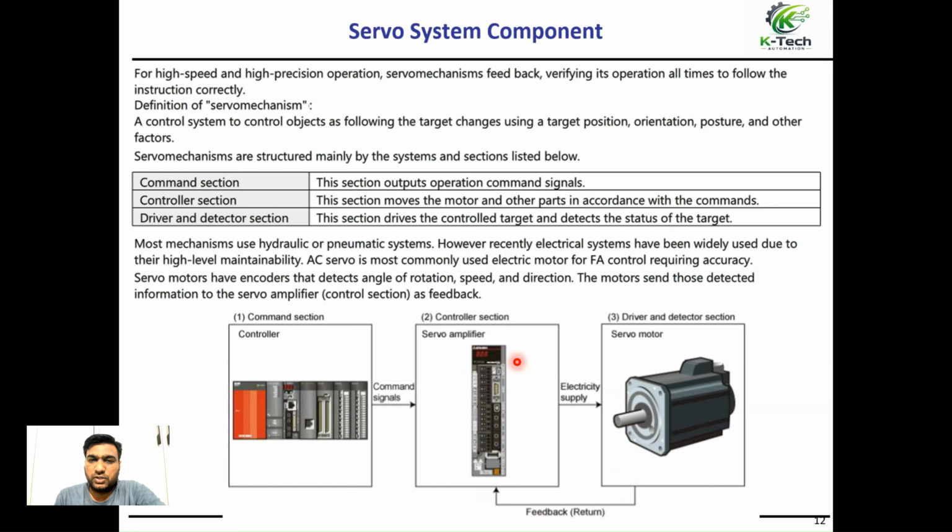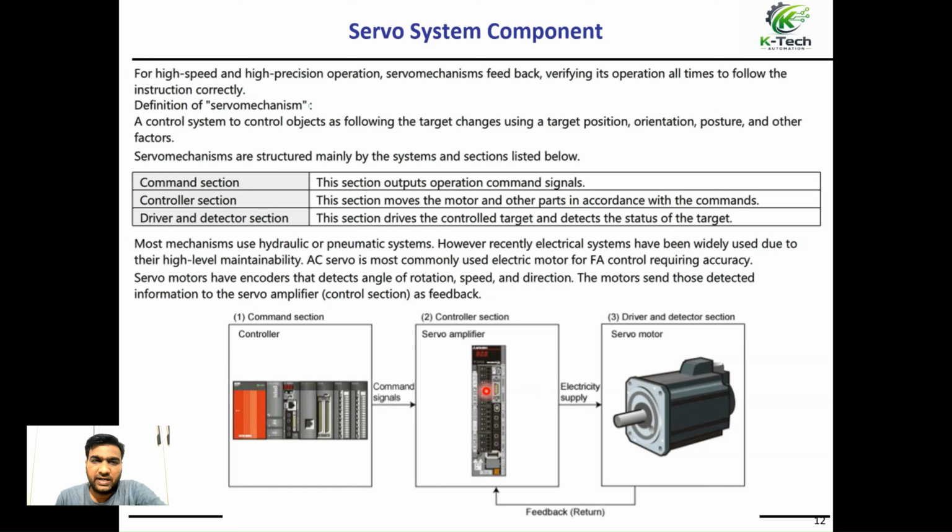So the servo amplifier gives the command to the servo motor and takes the feedback from the servo motor via the encoder. And the last one is the drive and detector section. This section drives the control target and detects the status of the target. The servo motor does not decide how much speed I want to run or any position.